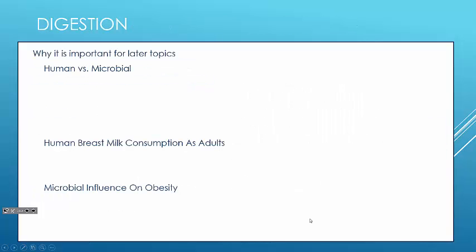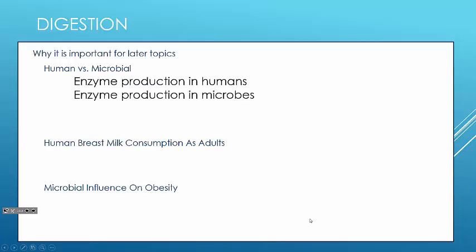Let's move on to digestion. Why is it important for later topics? Because it helps us understand the relationship between humans and their microbiome, the microbes that we play host to. So, first off, let's talk about enzyme production in humans and enzyme production in microbes.